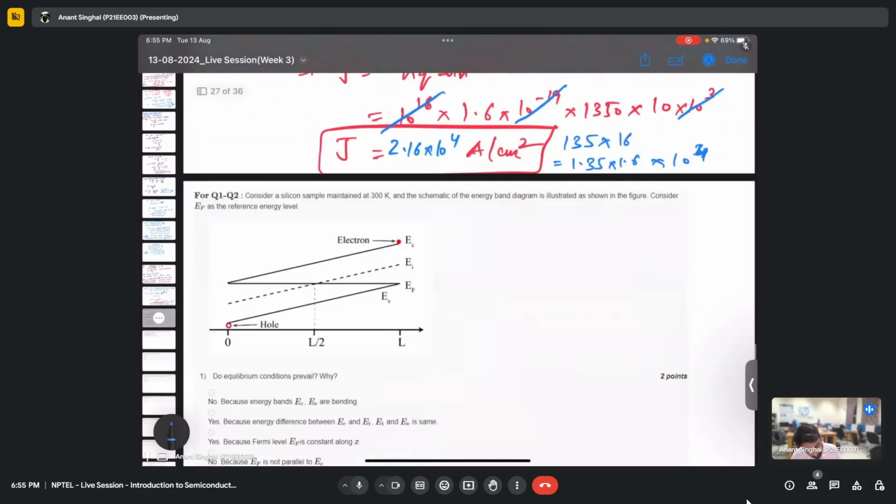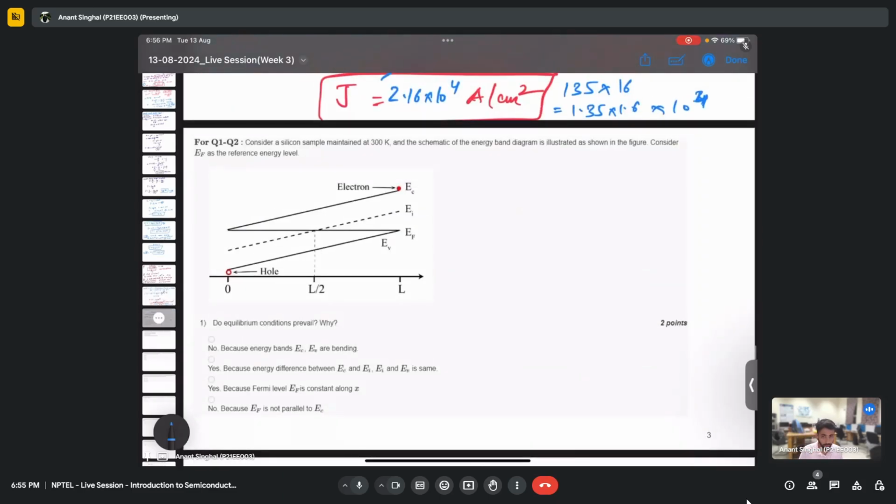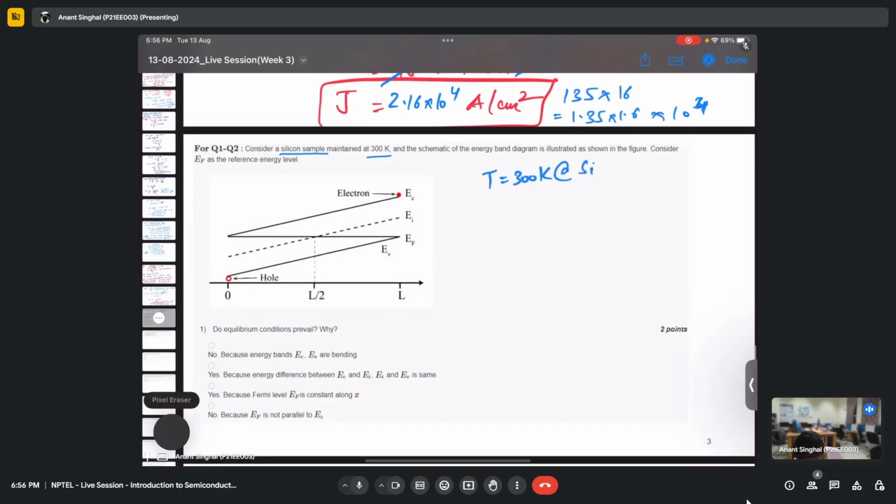So we can maybe go ahead with some of the similar assignment problems. We have a problem which says that we have a silicon sample maintained at temperature 300 Kelvin. We have an energy band diagram that is illustrated in the figure below.